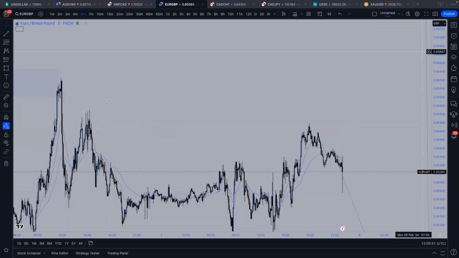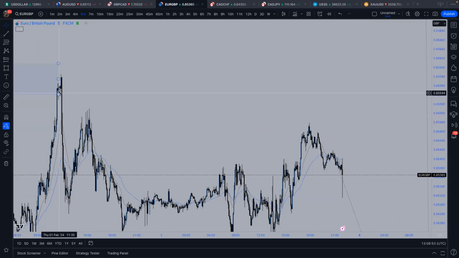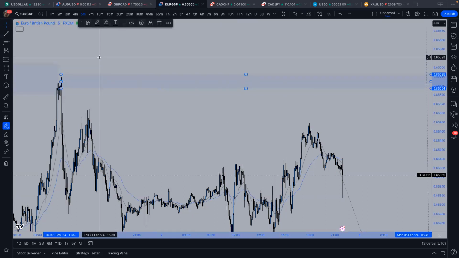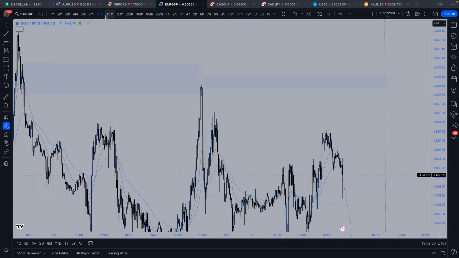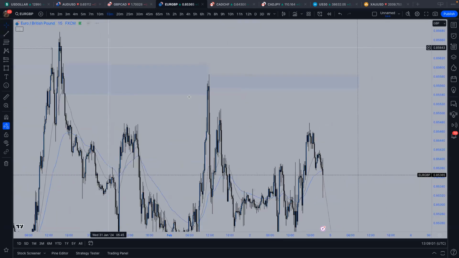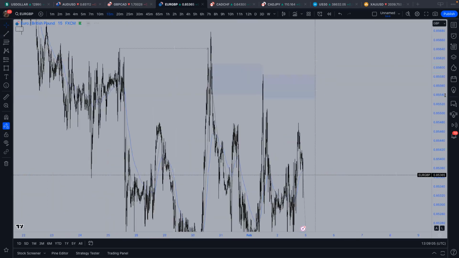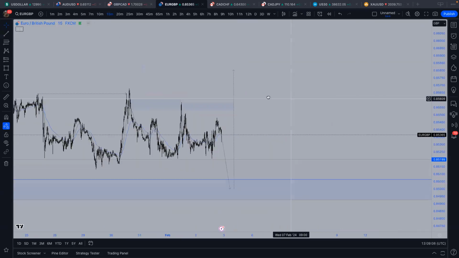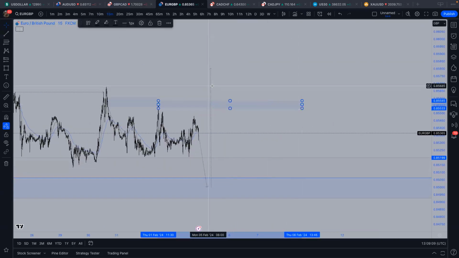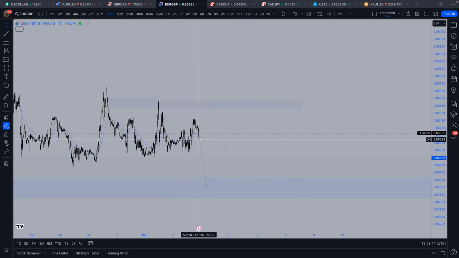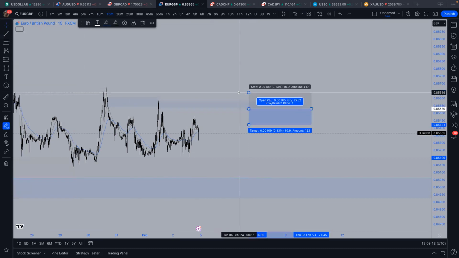There was a really clean 5-minute zone in here, which price could react from. I would personally just take this whole 15-minute. And if we did get that potential, we could potentially be looking for shorts.